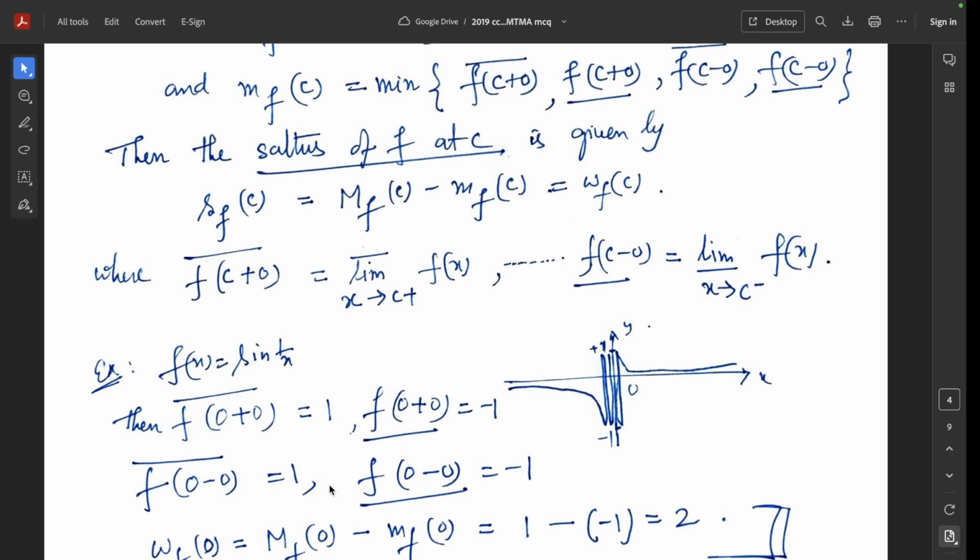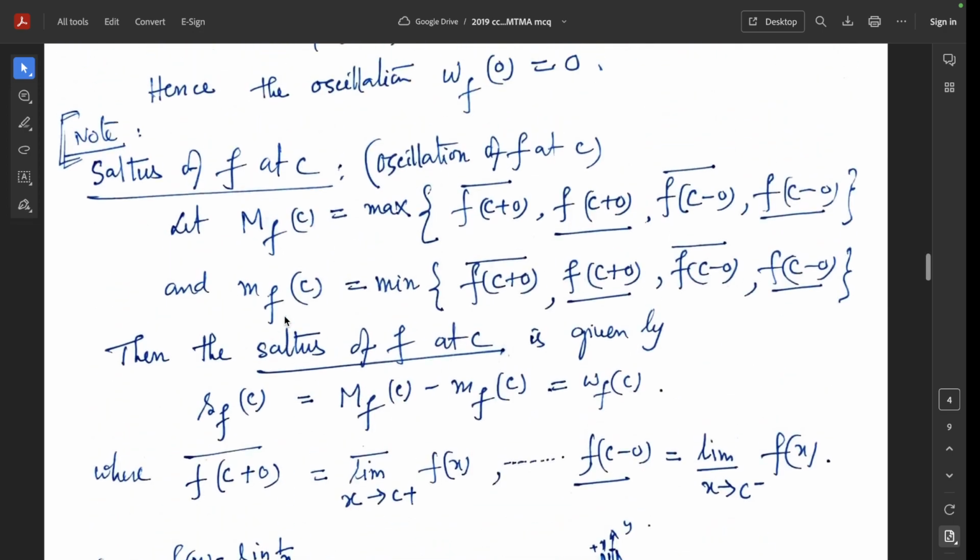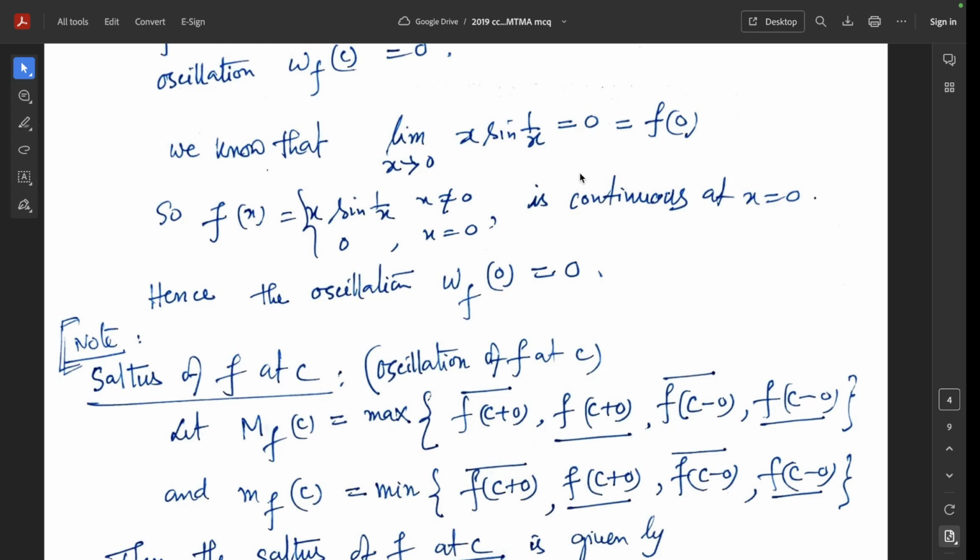So the maximum of these four real numbers is 1 and the minimum is minus 1. So the Saltus, capital M f minus small m f, is equal to 1 minus (minus 1), that is equal to 2. So obviously the oscillation of sin(1/x) at the point 0 is 2. But for x sin(1/x), the oscillation is 0.